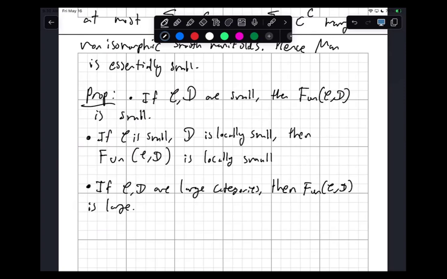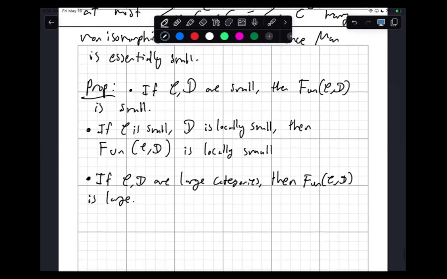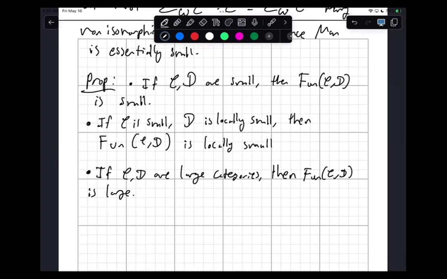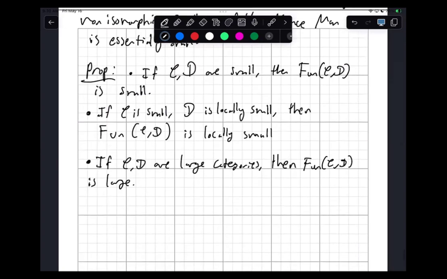It doesn't come for free. So if you don't have any sort of bounds, you might not even be able to prove that the functor category exists, right? Okay. So this is what allows us to work on small sites because the presheaf category on a small category is always locally small. On a large category, there's no guarantee.